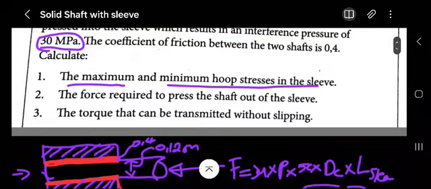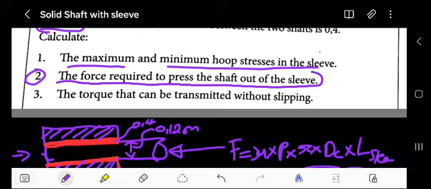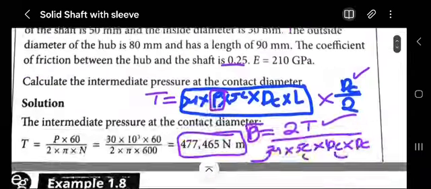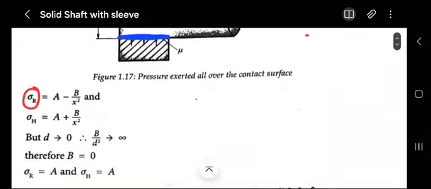Now question 2, guys, says to calculate the force required to press the shaft on the sleeve. I've talked about that force, and here's the formula.